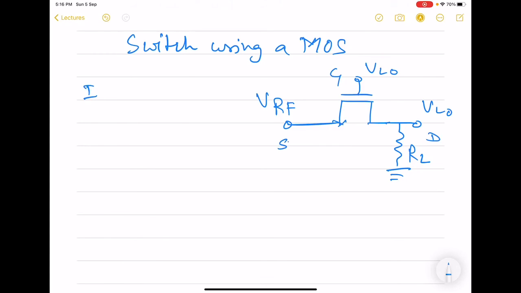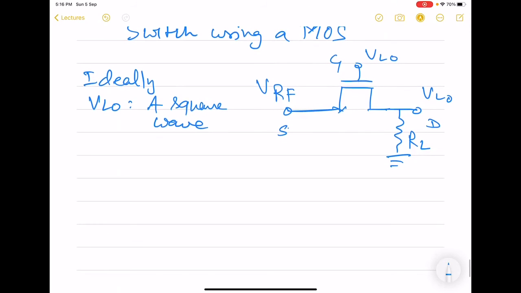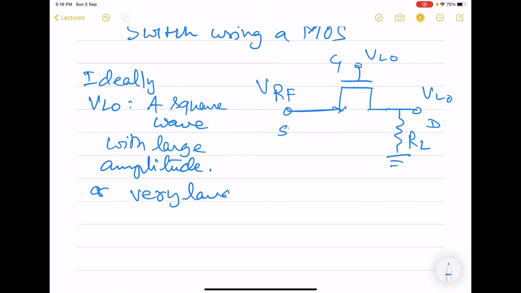So ideally, VLO should be taken as a square wave, or a very large amplitude sinusoid can also be used for this purpose.